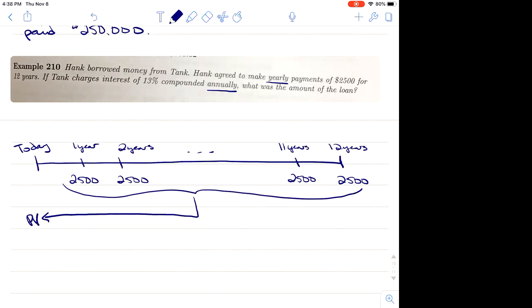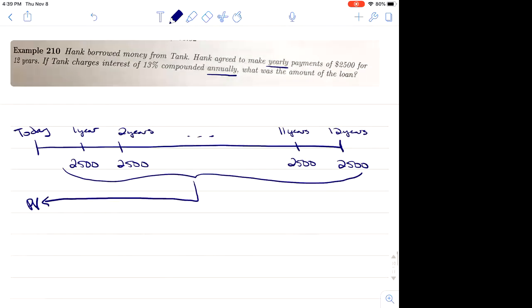So that present value is going to be how much he borrowed, and then had to pay back with these 2,500, taking into account the rate of 13% compounded annually. So here on our arrow, we've got N is 12 payments.